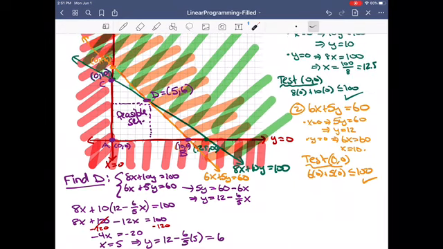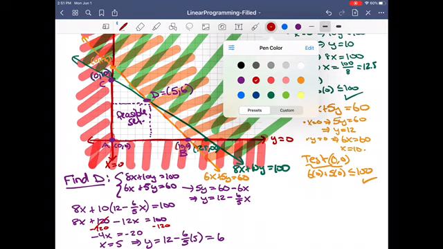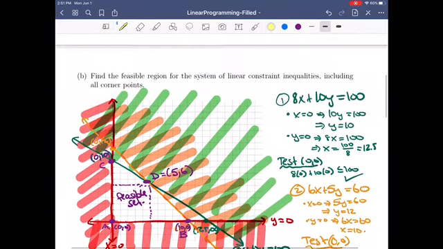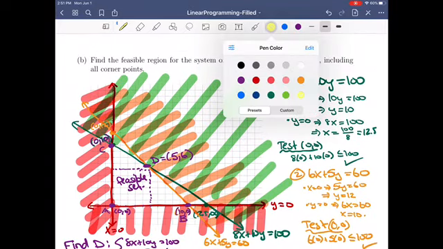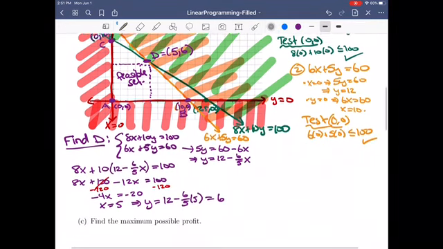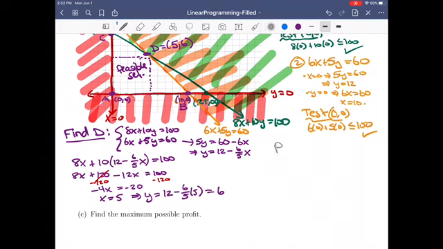Okay, so what we're going to do to try and convince you of what's going on here, I want a color I haven't used, so let's try the gray. So if we think about our profit, P is 40x plus 45y.